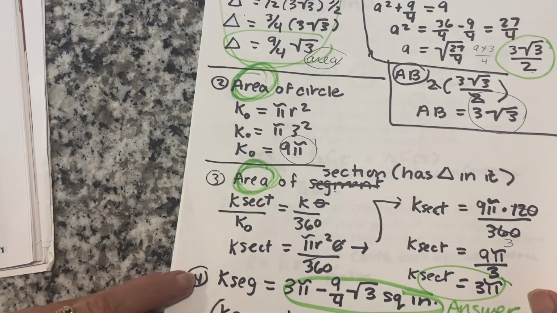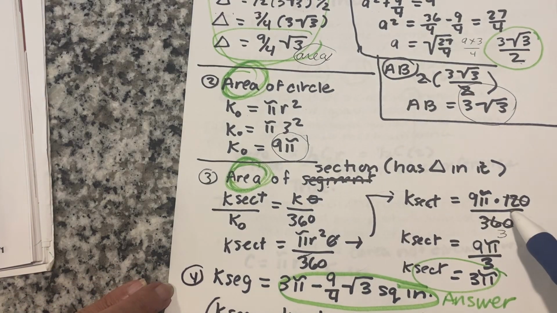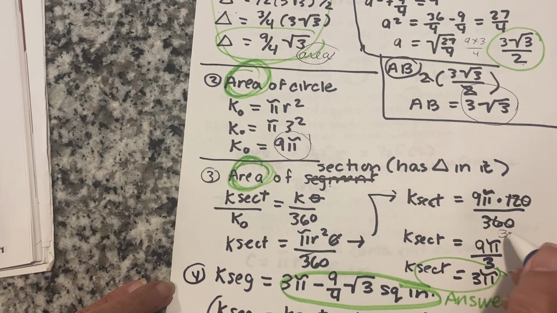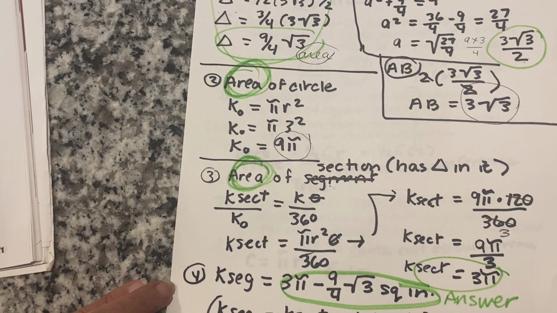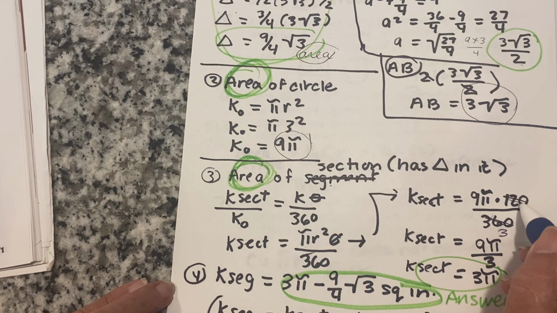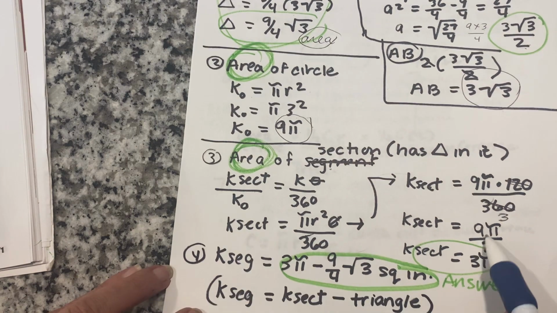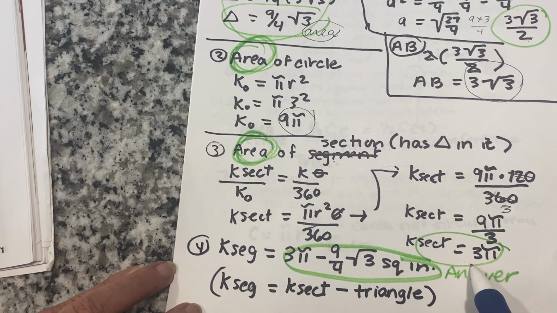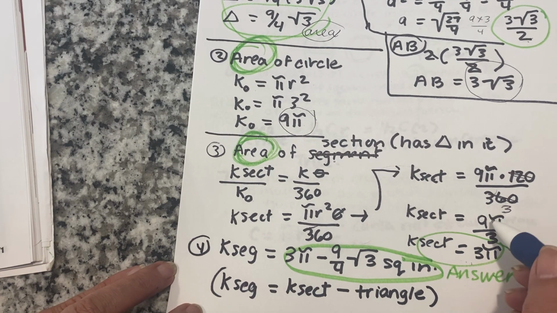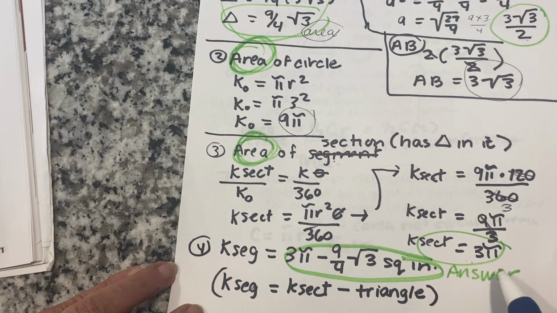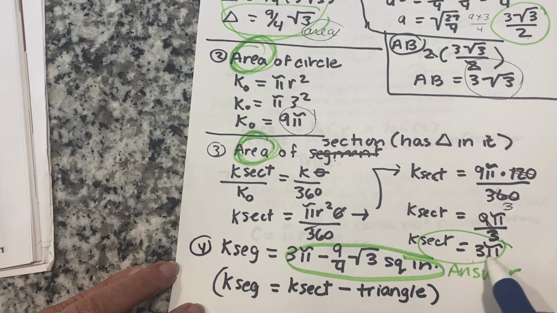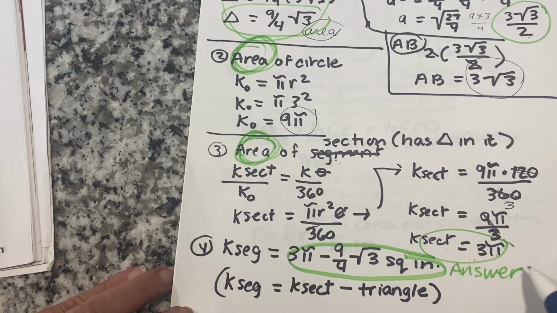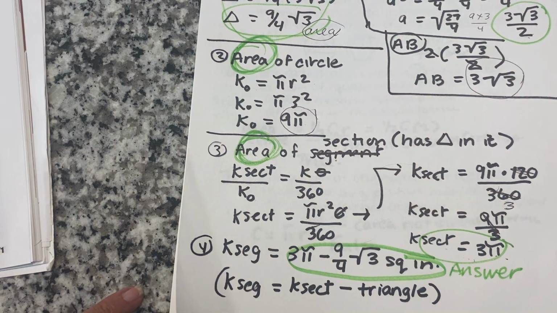So we're going to put in 9 pi times 120 divided by 360. 120 goes into 360 3 times, so we can get rid of the 360 and the 120 and just put 3. So now we have 9 pi over 3. We can reduce that. 3 goes into 9, so the section is going to be 3 pi. And now we have the answer for the section.